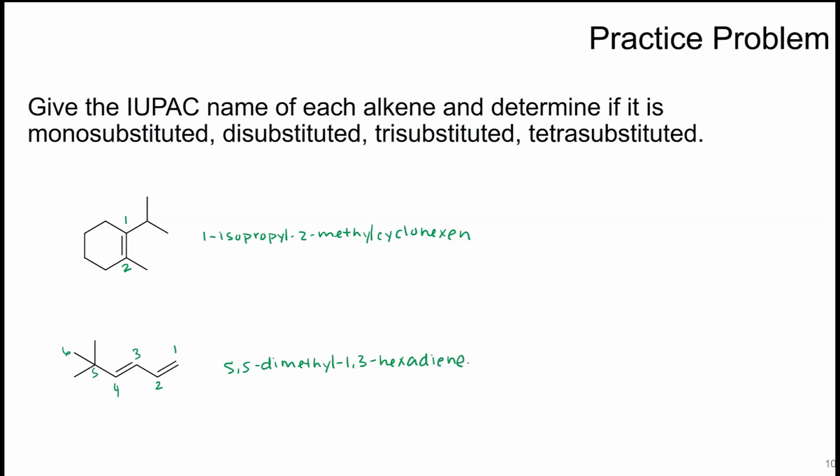And if we really wanted to be correct here, we would do 3E. And that's referring to the double bond. There is an E double bond or trans. The other thing we want to look at is to see what the degree of substitution is. This double bond here has 4 groups coming off of it. This one is tetrasubstituted.